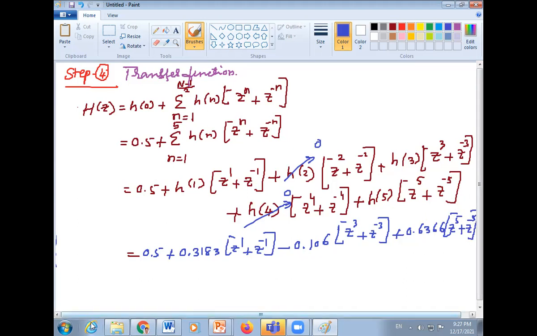Now, after simplifying, this is our h of z.